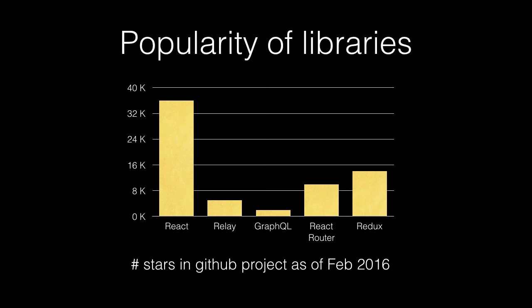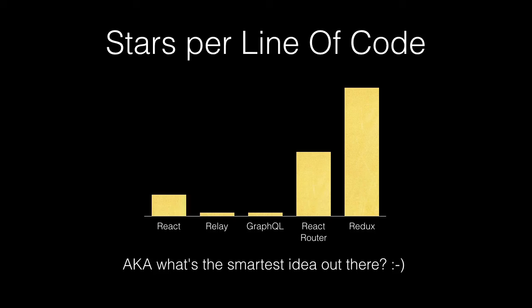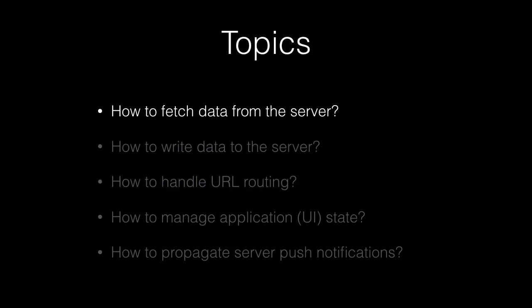So if you plot stars over lines of code, and you think of React as the baseline for reference, then Redux you should definitely look into, because it's so tiny and so popular. The other ones, Relay and GraphQL, you've got to be careful. It's an indication to me, but lines of code and GitHub stars is not really serious, just for fun. So anyway, let's get to the meat of the talk.